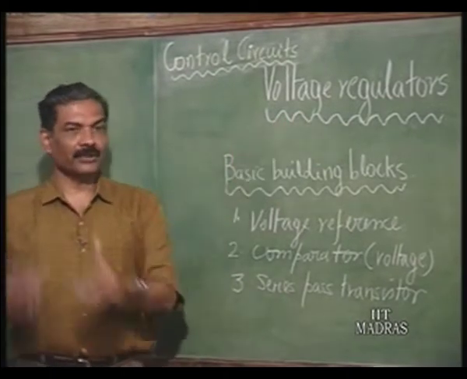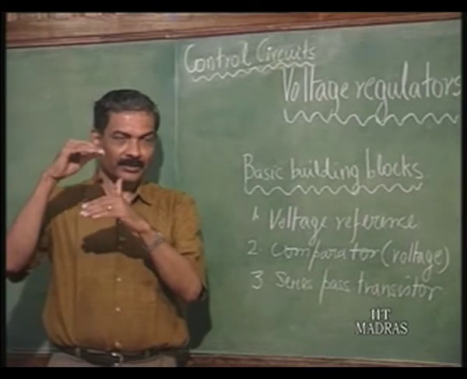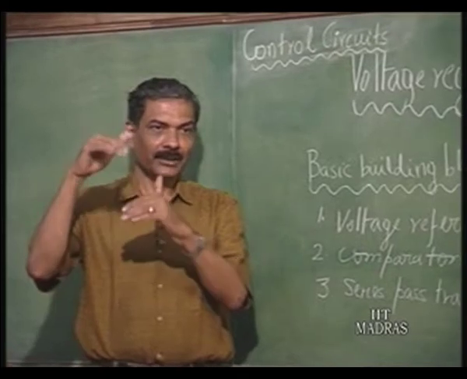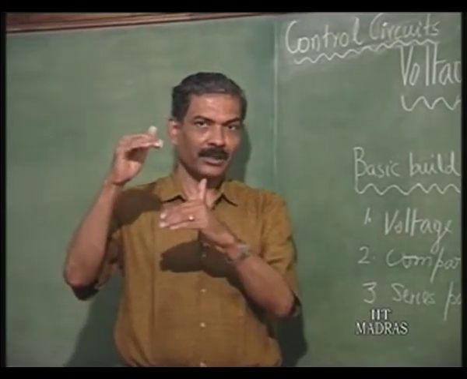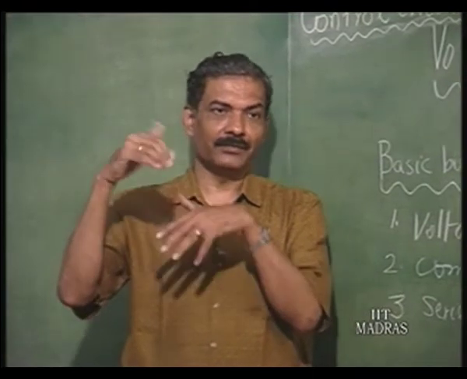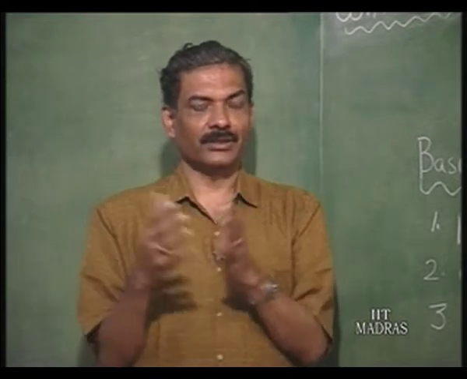In a voltage regulator, you want output voltage to be maintained constant. In a current regulator, you want current to be maintained constant. In an AC regulator, you want amplitude of the AC voltage to be maintained constant. In speed regulation, you want to maintain the speed of a motor constant. So, these are all control circuits.